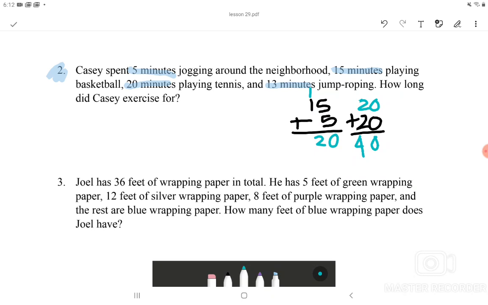So we have 40. And now we're going to do 40 plus 13. 0 plus 3 is 3, and 4 plus 1 is 5, so we get 53. She exercised for 53 minutes.